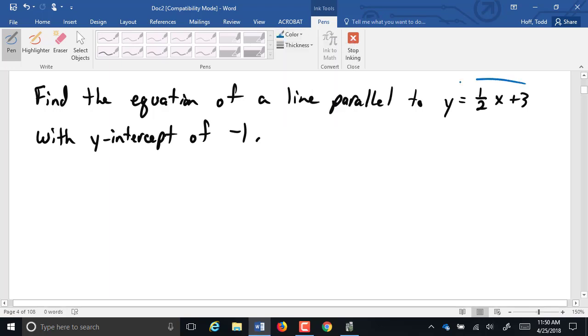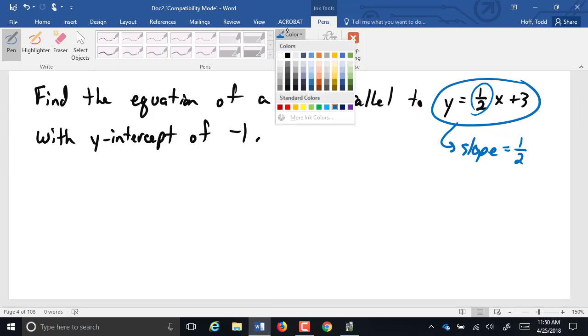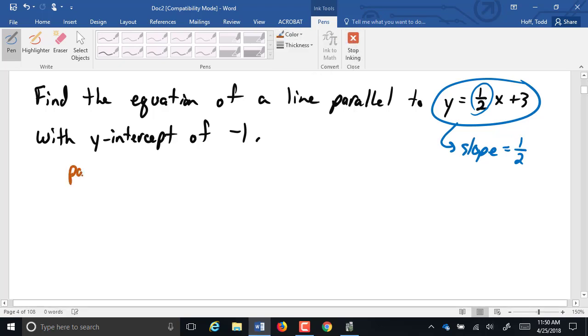Well, again, I need my original equation, but the only thing I need from that original equation is the slope of that original line. And the slope, again, is that number multiplying x. It's the 1/2. What that tells me is the slope of my parallel line is also 1/2. It's the same as the slope of the original line.